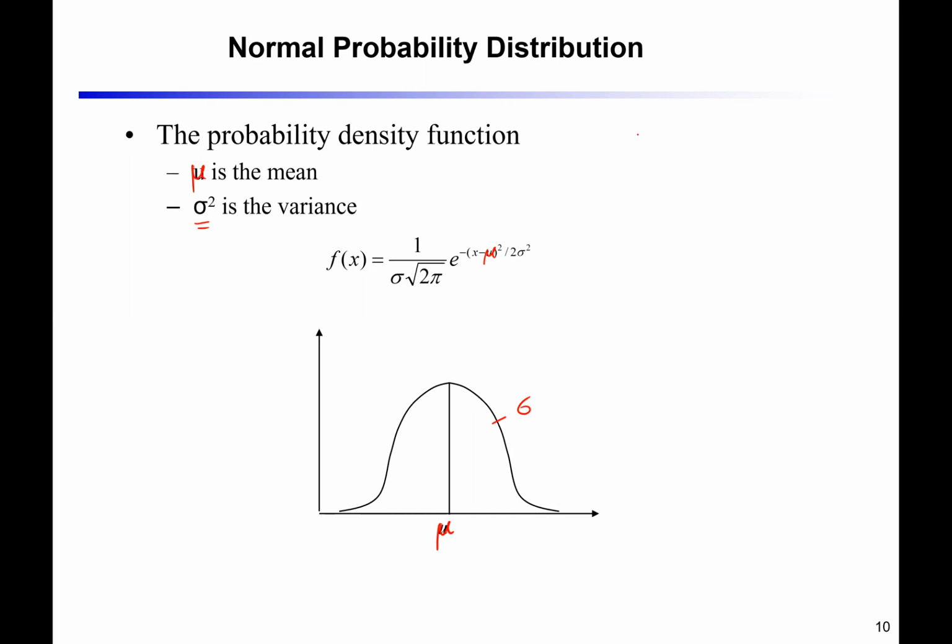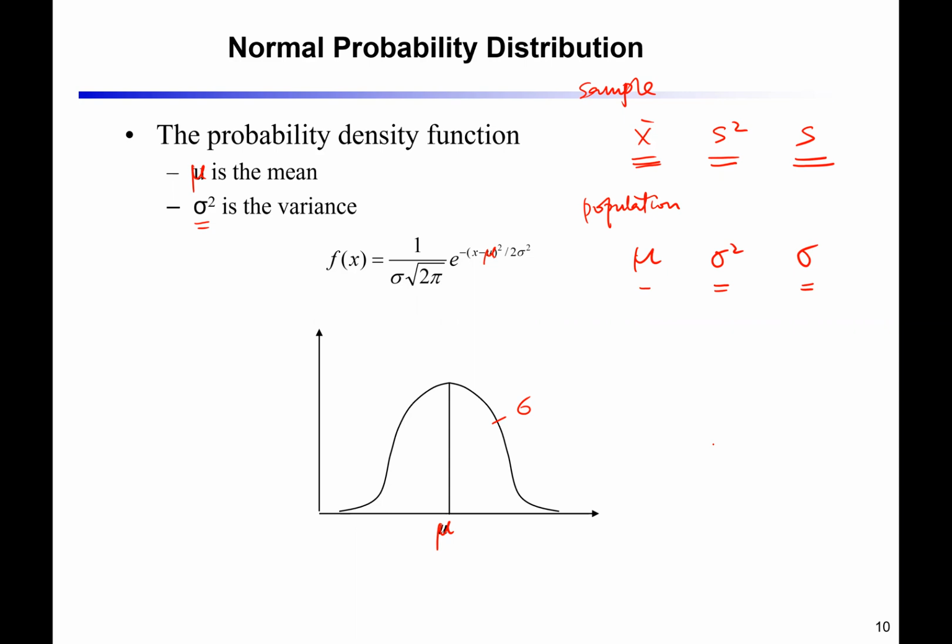Previously we used x bar and s squared, or s, and this is for the sample: sample mean, sample variance, sample standard deviation. But for a population, we use mu, sigma squared, and sigma: population mean, population variance, population standard deviation.